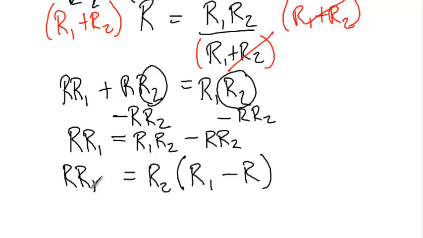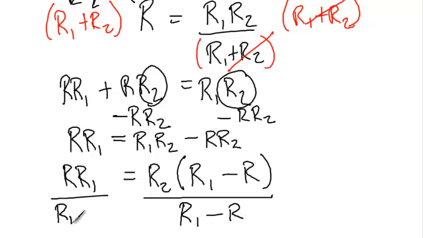So now we have R in one spot, and you can see that this is just multiplication here. So to get rid of this R1 minus R, we just divide by it. Okay, and these cancel out.